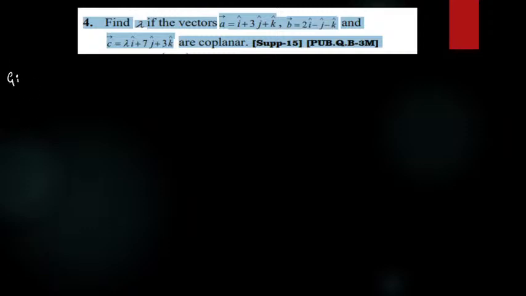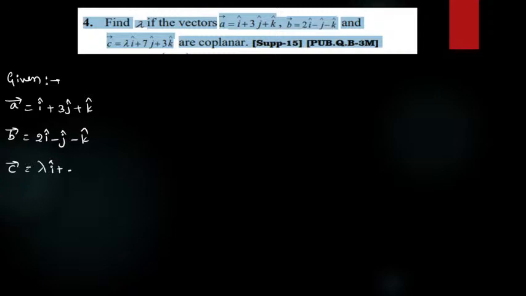First you have to write the given data there. So what is given? First you write your A vector. So A vector is i cap plus 3j cap plus k cap, and next you write your B vector, that is 2i minus j minus k cap, and the third vector C, that is lambda times i plus 7 times j plus 3 times k.